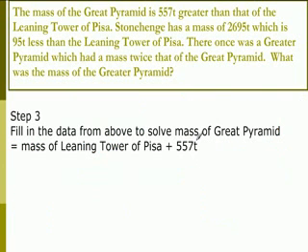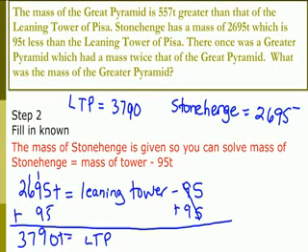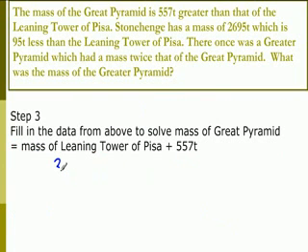Now we need to fill in the data from above to solve the mass of the Great Pyramid, because the mass of the Great Pyramid equals the Leaning Tower of Pisa plus 557. So the Leaning Tower of Pisa, remember, is 3790. So we have 3790 plus 557. Let's do our math. You can do it by hand or on your calculator. Either one is fine. I'm going to check mine just to make sure I have it right.